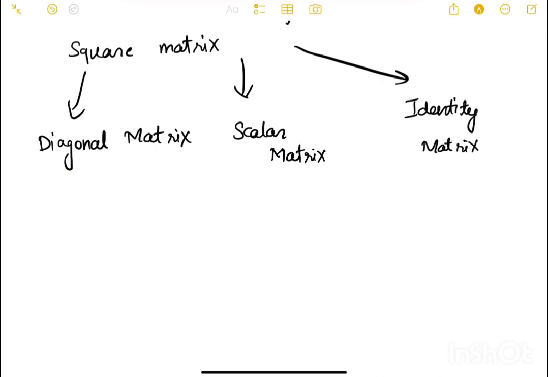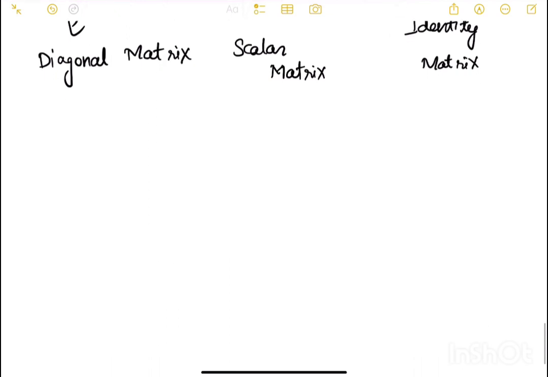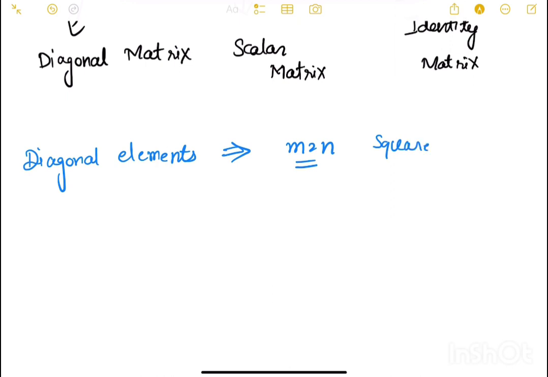Okay. So now before proceeding, just understand what we mean by diagonal elements. Diagonal elements are present when the number of rows is equal to the number of columns, that is, when we have a square matrix. As in the example above, 6, 3, 1, 5, consider this as a square.